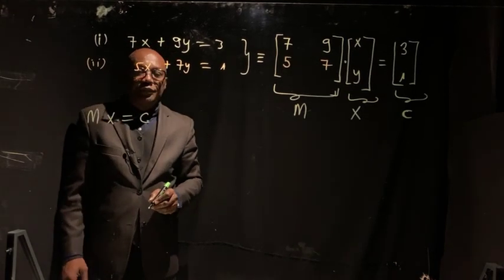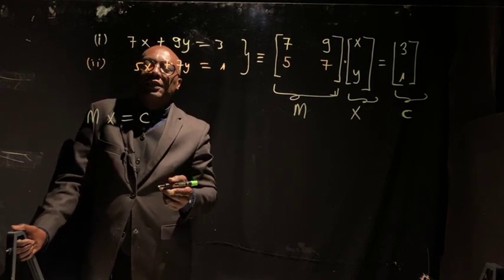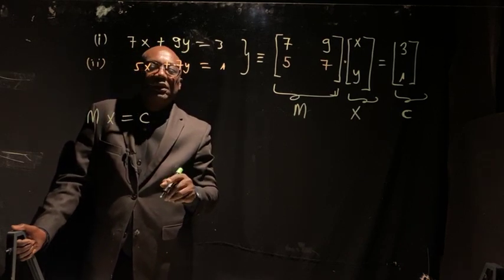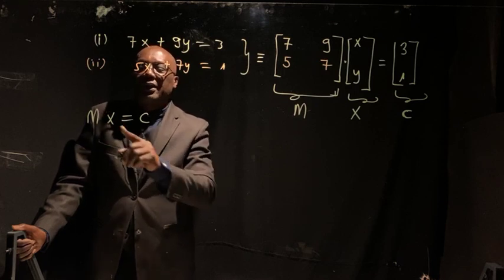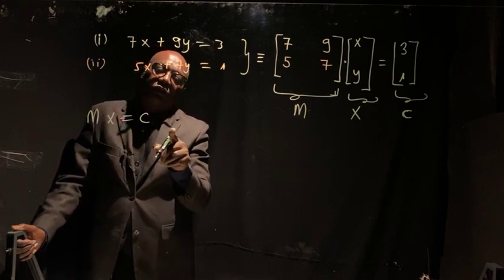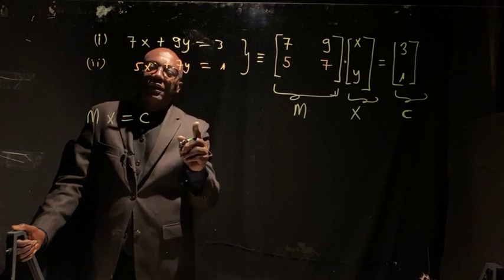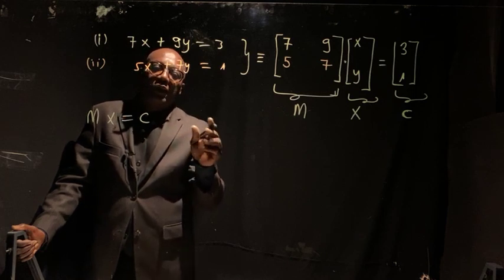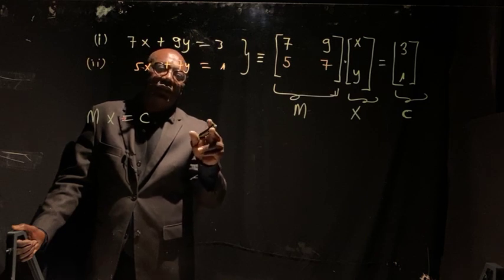Very good. If you have MX equals C, there is a simpler way to bring the M to the right hand side. I don't want to go into a more complicated way.